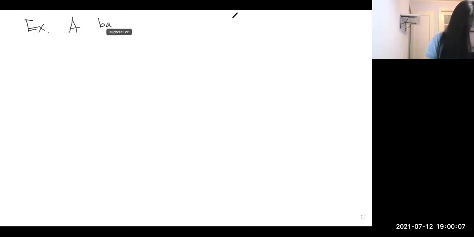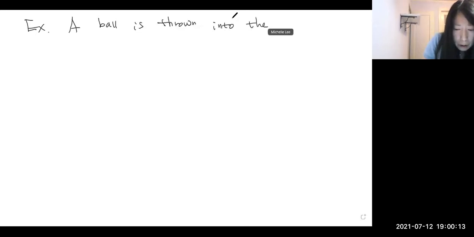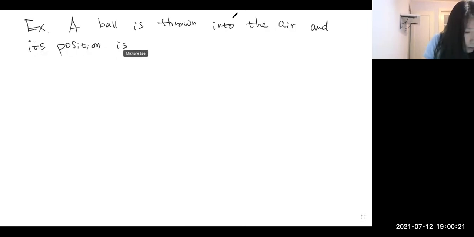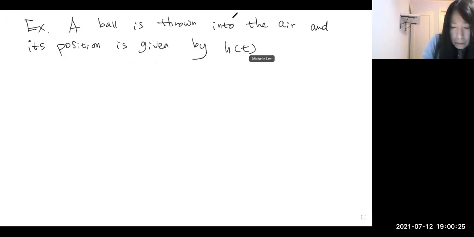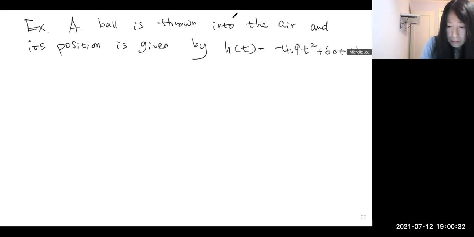A ball is thrown into the air and its position is given by h of t equal to negative 4.9 t squared plus 60t plus 5. And this unit is meters.